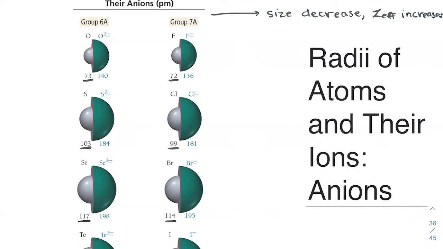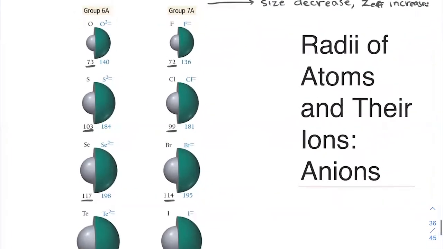Not very much, a couple of picometers, but still important. Now again, looking at the relationship between an anion and its parent, anions will always be larger than their parent. And that's because, again, we're putting more electrons in the outermost shell, taking up more space, having to share that Z effective a little bit more.